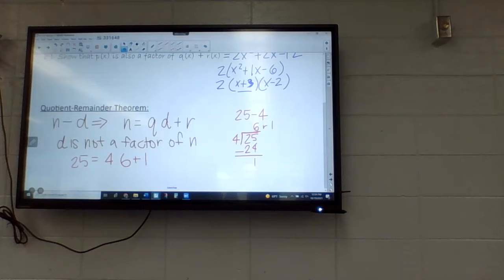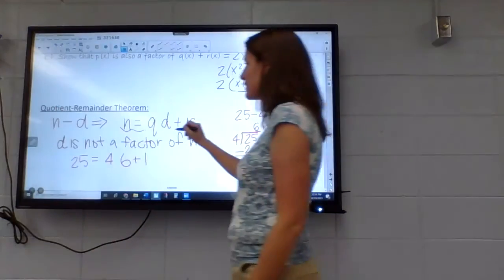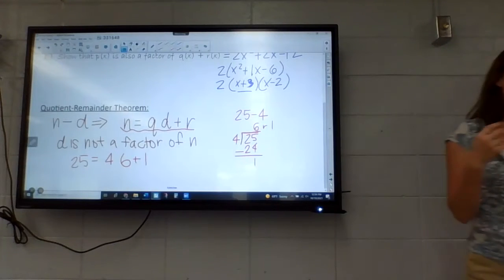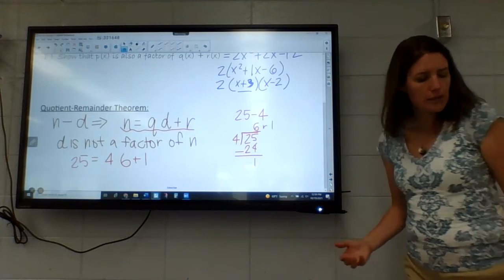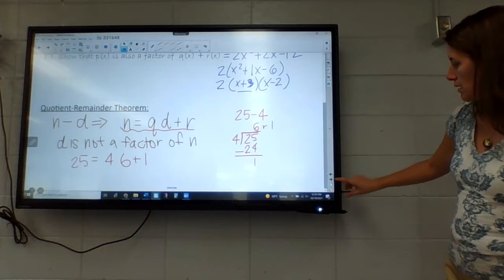When I write it that way, I think it looks a lot more obvious. 4 times 6 plus 1, that is 25. We knew that already. That's all this is saying. It's just now we're going to use it with bigger values or maybe some algebra along with it as well. So that remainder theorem we're going to use here in a minute.